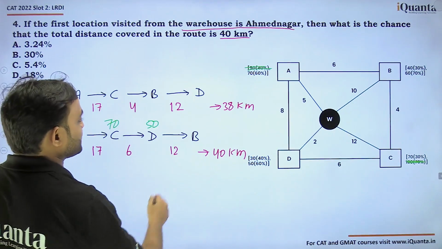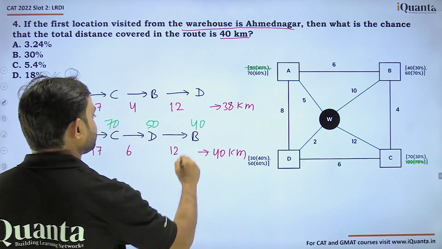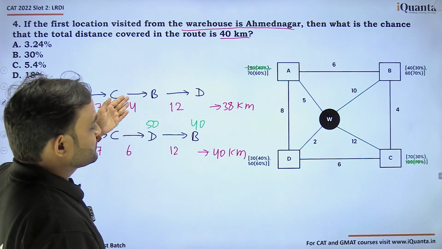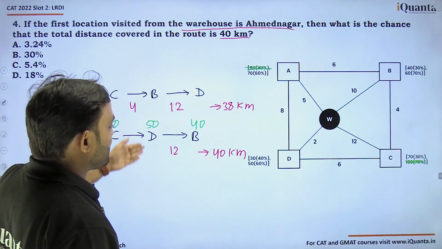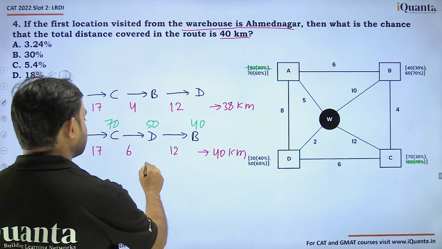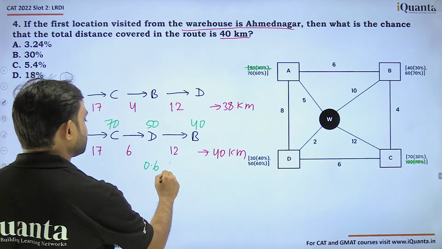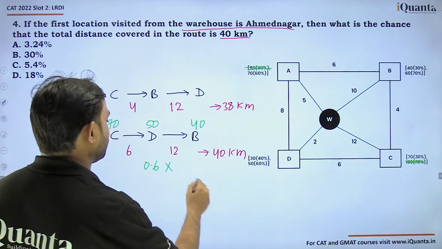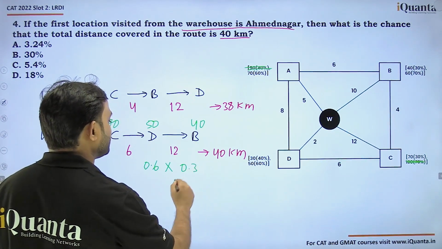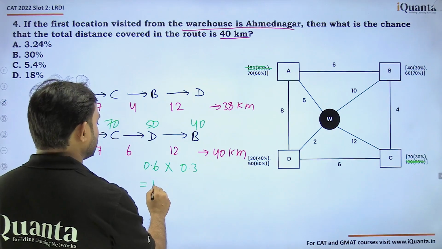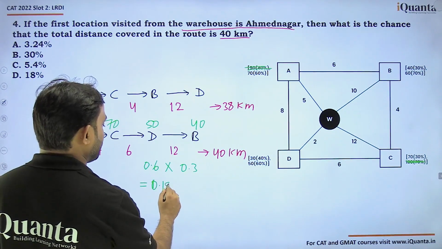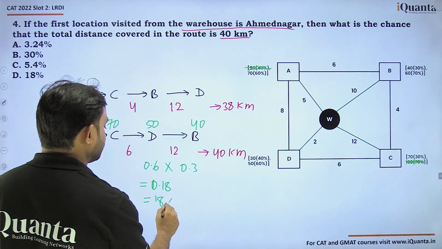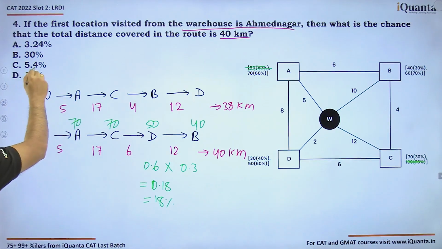If this is 50, then this must be 40. The chance of demand of 50 units at D is 60%, which is 0.6, and the chance that demand is 40 units at B is 30%, which is 0.3. This gives us 0.18, or in percentage this is 18%. So option D is correct here.